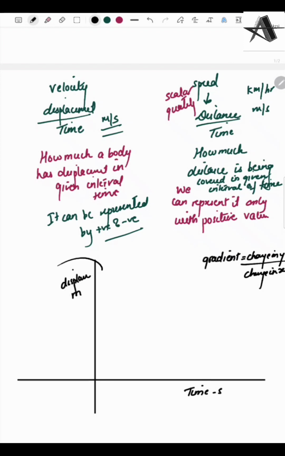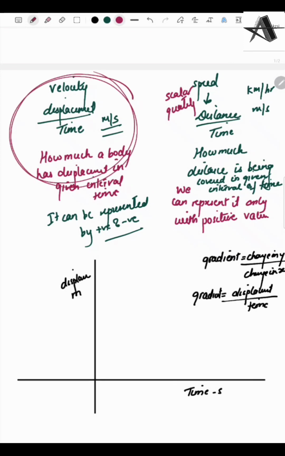What is written here on the y-axis? It's displacement. That means change in displacement over what is written on the x-axis? Time. So the gradient of this graph is displacement over time. And what is displacement over time? We just saw displacement over time is velocity. That means the gradient of this graph will give me velocity.